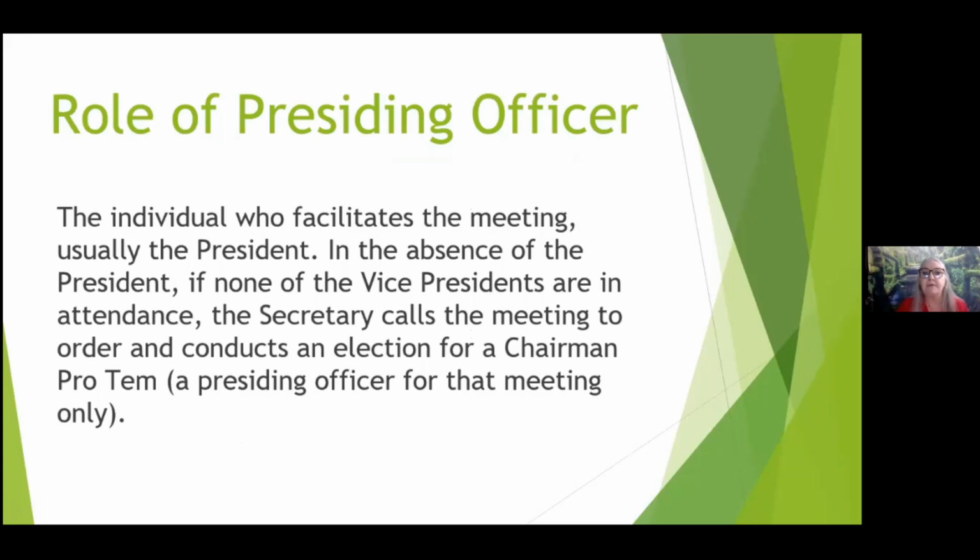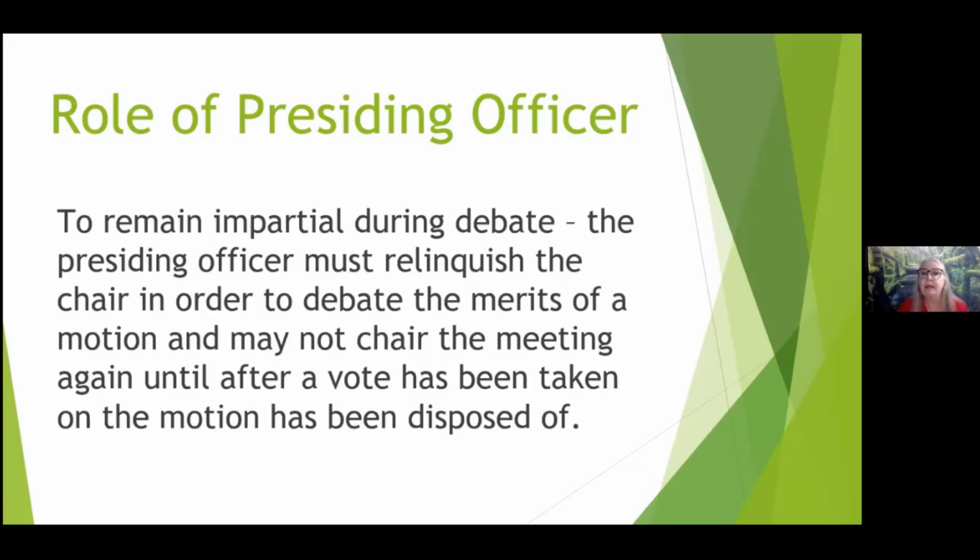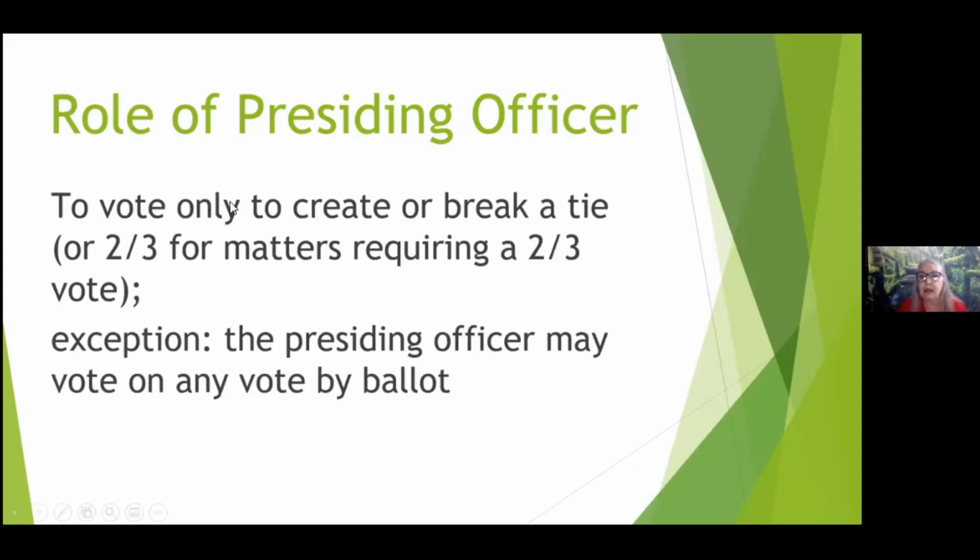So the presiding officer facilitates the meeting, and we just did that one, and has to remain impartial during the debates. They can relinquish the chair in order to debate something, and that's what I talked about before. They can vote only to create or break a tie for a two-thirds vote.